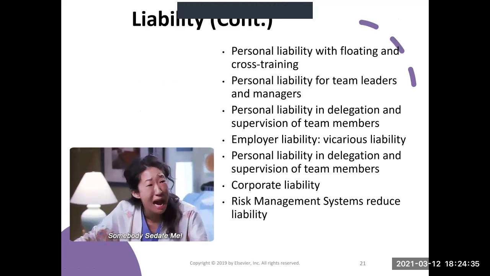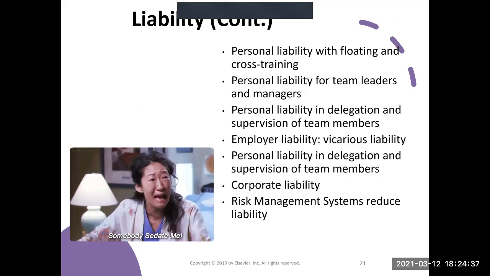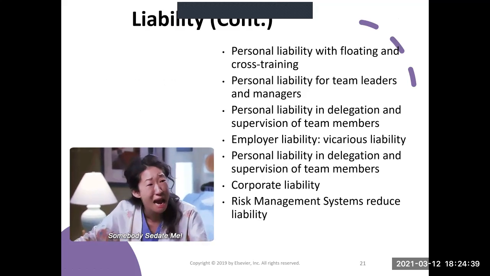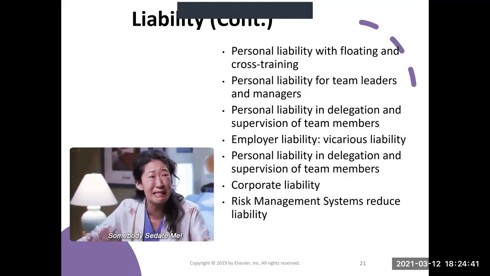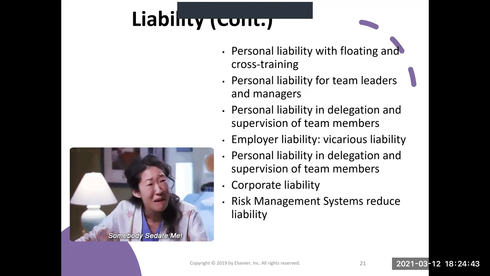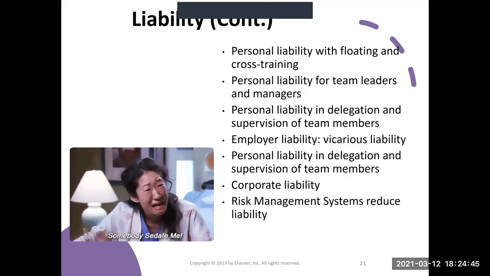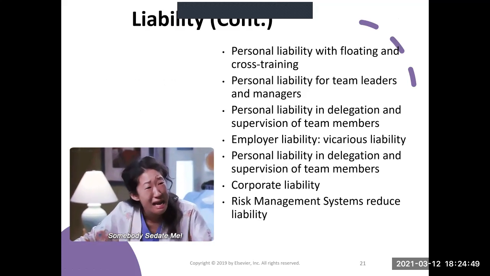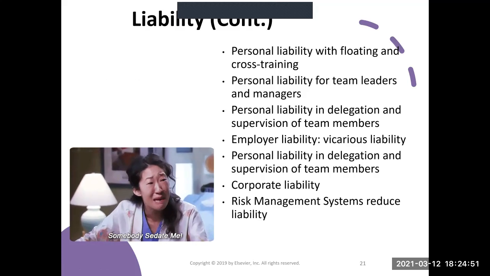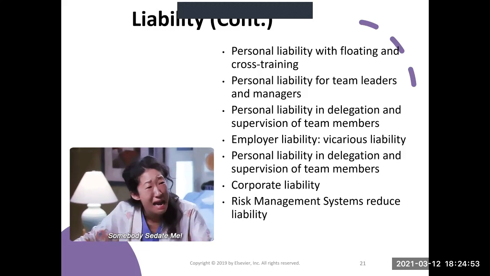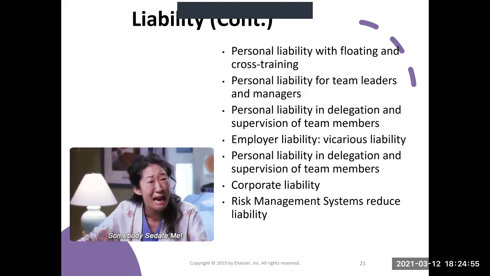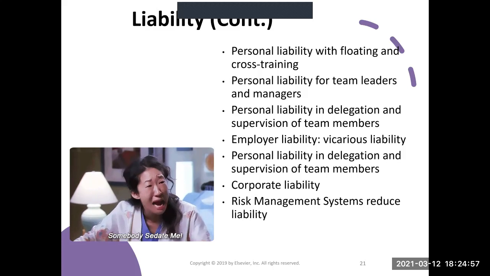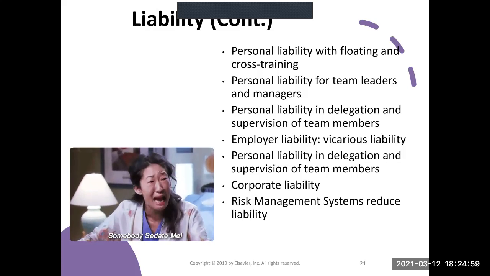There's something called vicarious liability. As long as you work for an employer, if something happens, they can hold the employer liable, but they can drag you into it because you work for the employer. Again, there's corporate liability. So be aware that some things that happen, you now have to share the liability with your hospital.